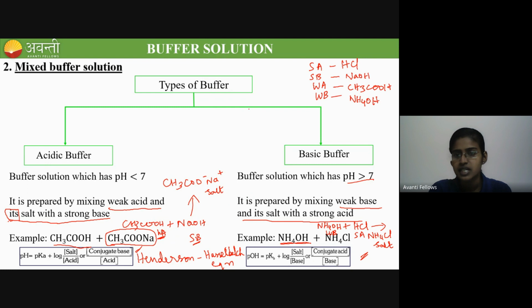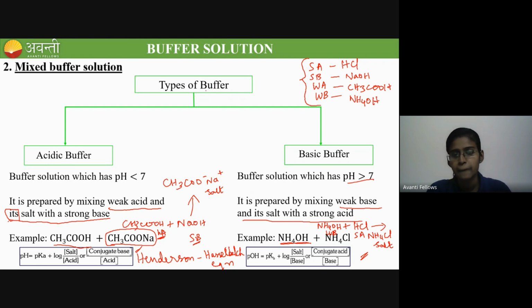Just keep these as an example for each term. Then you will not get confused. We have many strong acids and many strong bases, but keep this in mind.